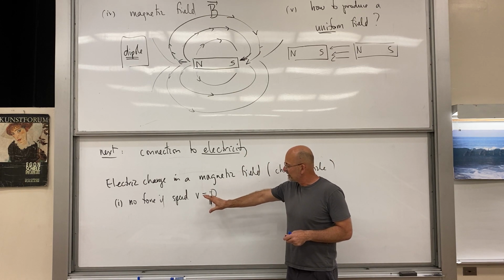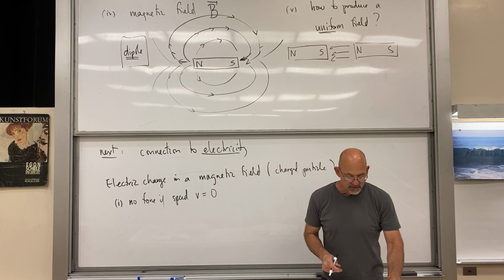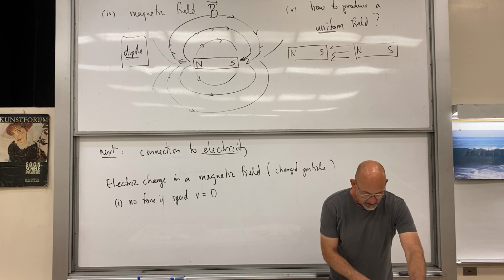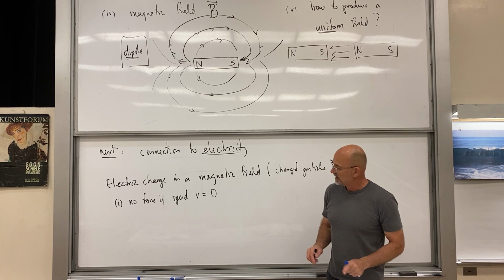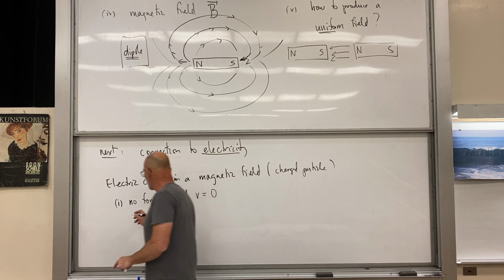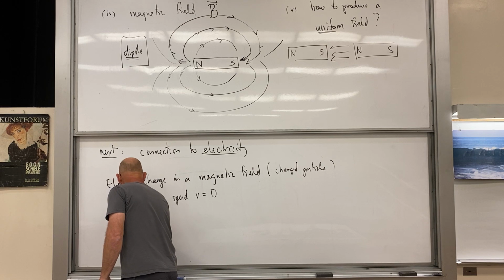Now, if there is a speed or a velocity, there's a force, but it has a whole bunch of interesting properties. What I'm going to do is write the force formula for a moving charge.